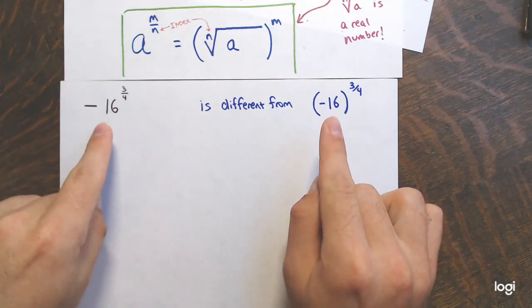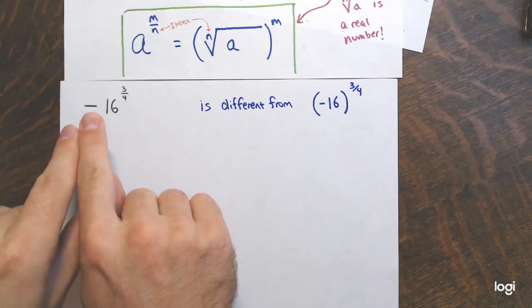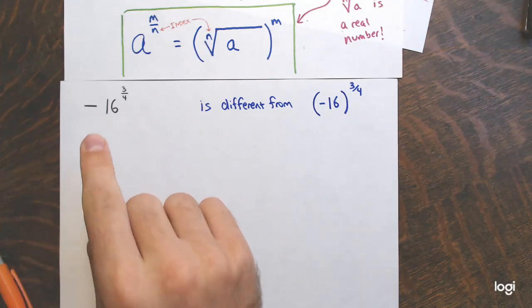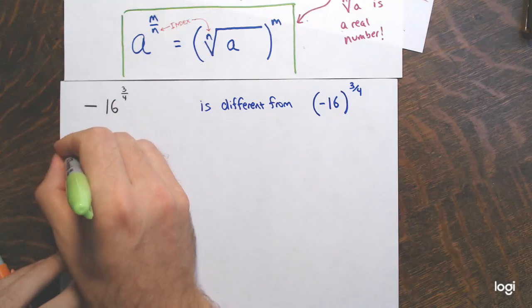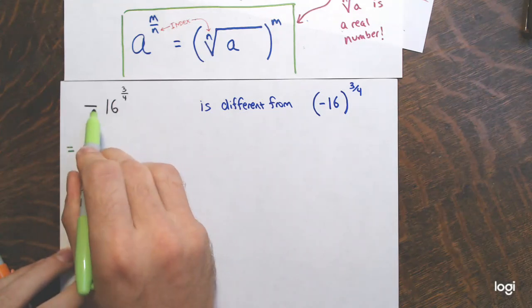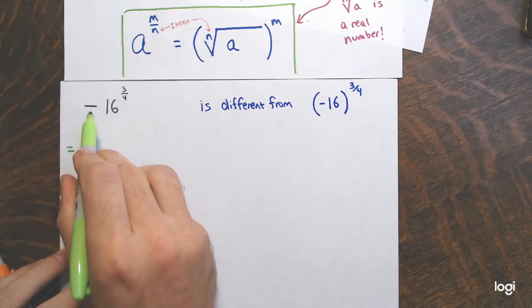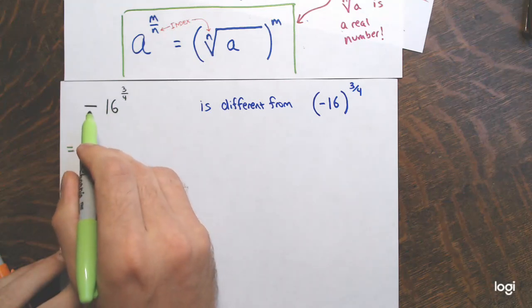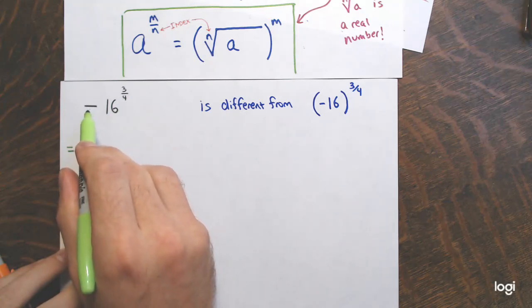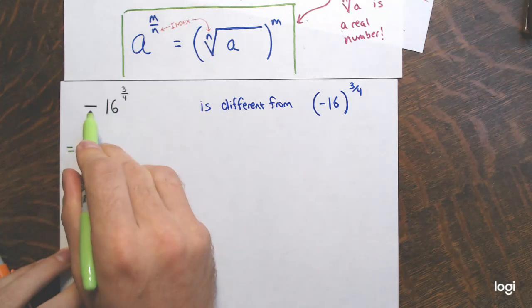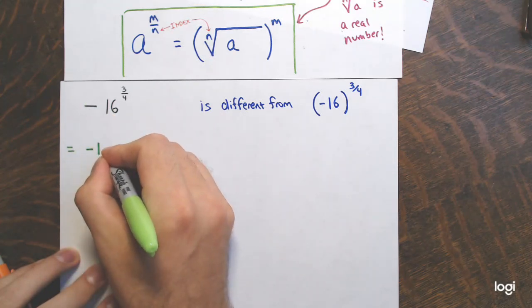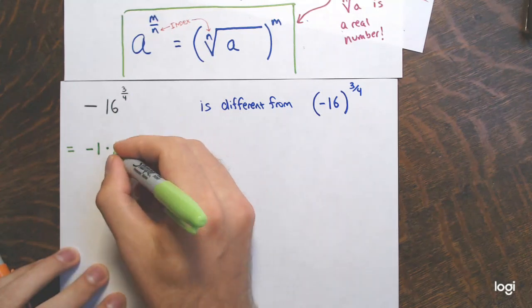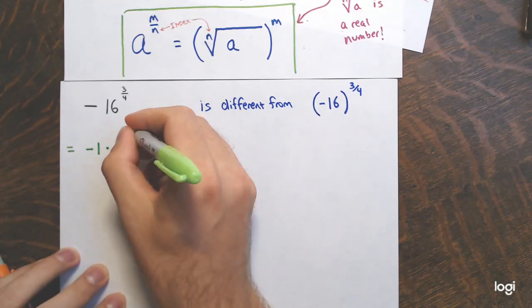These are totally different. Anytime you see a minus sign, it's like having a factor of -1. So this expression that I started with, negative 16 to the 3/4, I see this minus sign out front with no parentheses. This is like having -1 out front, times 16 to the 3/4 power.